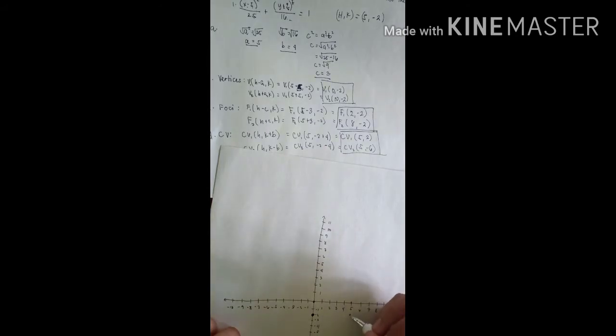Yung ating h and k makikita sa 5 and negative 2. Ito yung 5, negative 2, ito yung ating center.